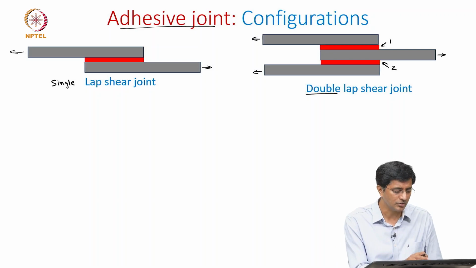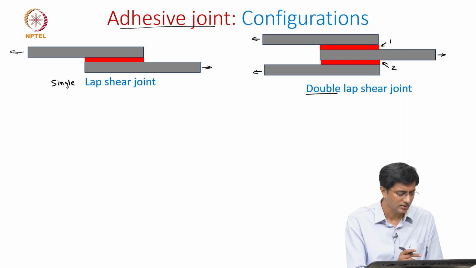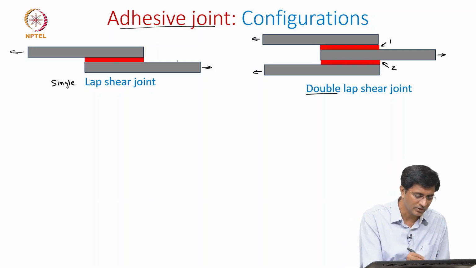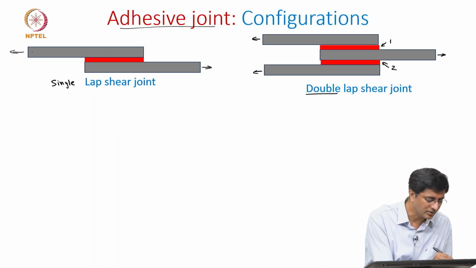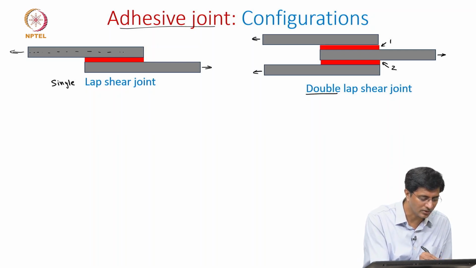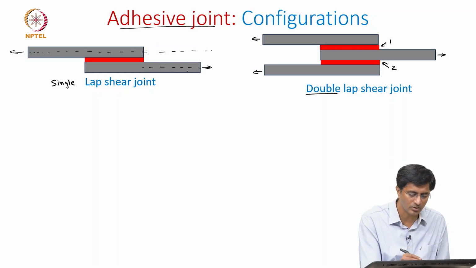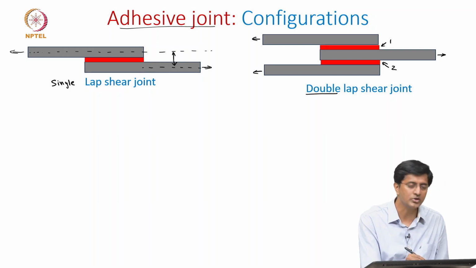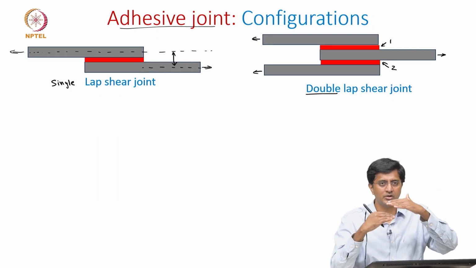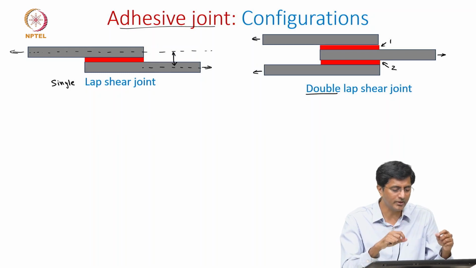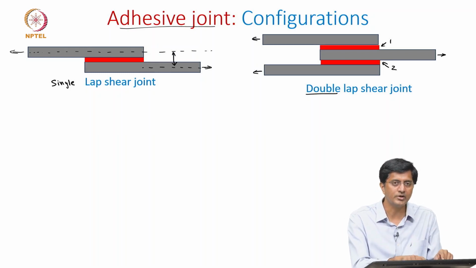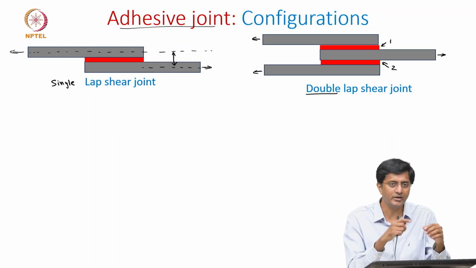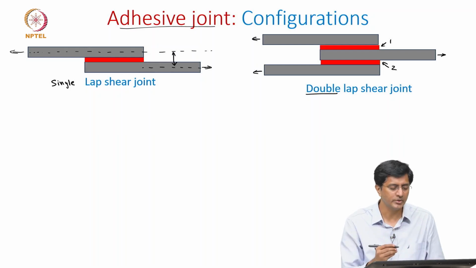But one disadvantage of these lap joints is, as you can see, there is an offset. So if I extend this loading direction, and this is the loading direction on the bottom substrate, there is an offset in the load. Because of this offset, it can introduce some bending moments. Because of the bending moments, the geometry of this structure will slightly bend about the joint, which needs to be avoided.